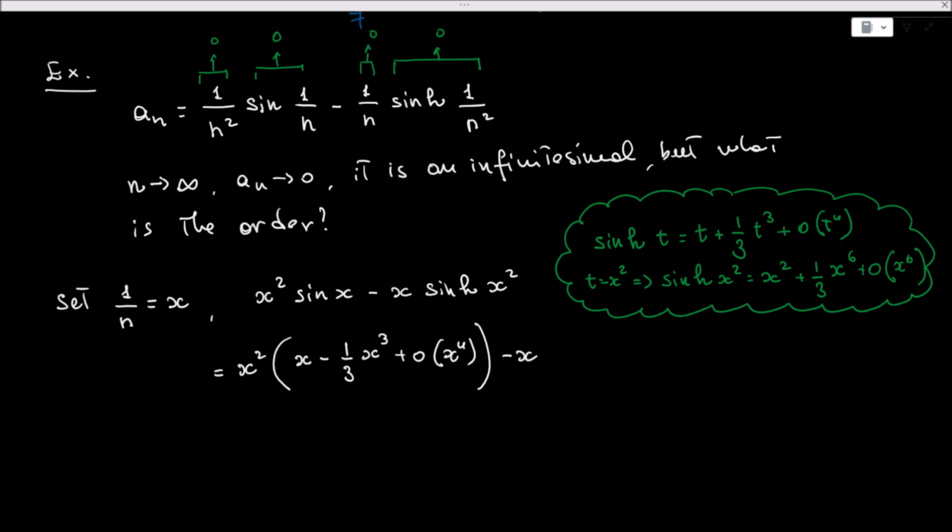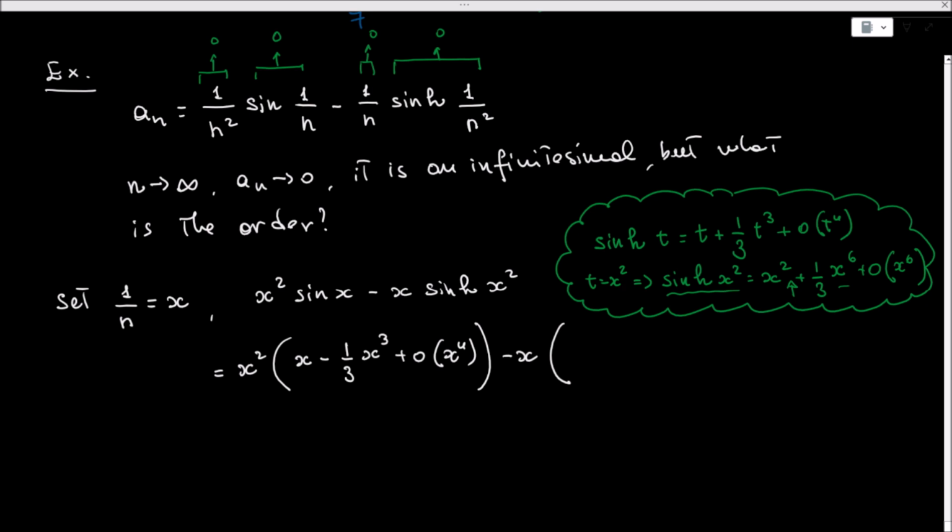So instead of expanding the hyperbolic sine of x squared up to this term, I will stop here, because we'll see that this is the only term that will be cancelled from the first one. So let me do this and I'll come back to this explanation. So my decision is to expand the hyperbolic sine of x squared up to the first term.